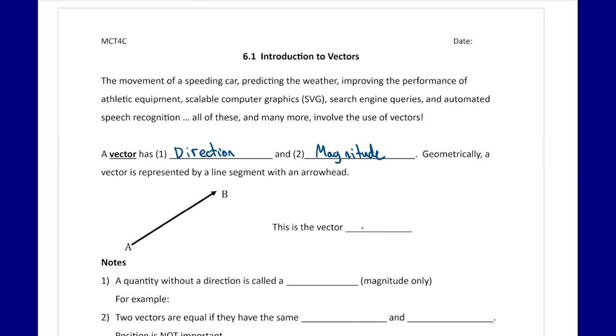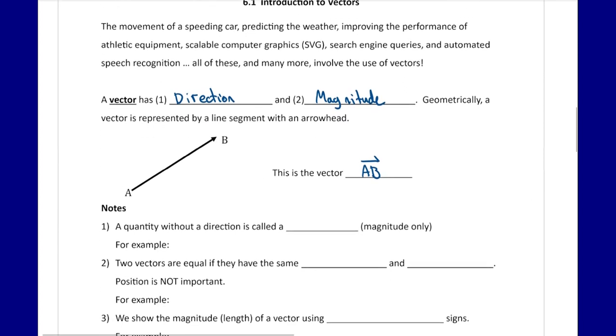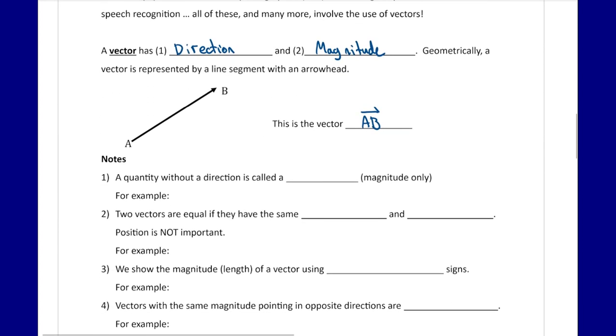So we would say this is the vector AB. We draw a line with an arrow on top, or it might just be a symbol with half an arrowhead. But that would be the vector AB. Now, if we have a quantity that does not have a direction, that is considered what we call a scalar. That's where there's a magnitude only.